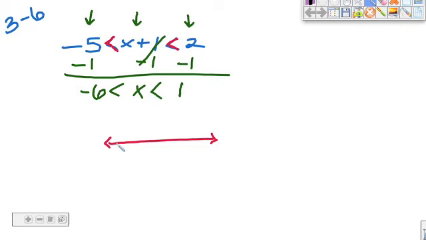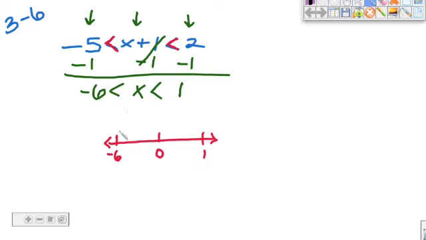On one end I'm going to have -6 since that is my smallest number. And I'm going to put down 0. And then I'm going to put down 1. The reason I'm not filling this whole thing in is you really don't need it. Now these are going to be open circles because both of my inequalities are just greater than or less than.